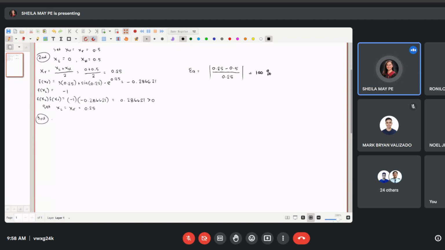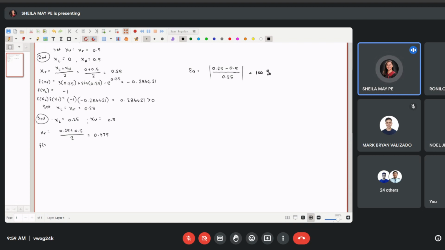So we have here another one. For the third, we have our x sub l at 0.25 and x sub u at 0.5. So this would be 0.25 plus 0.5, divided by 2. So that's 0.375.